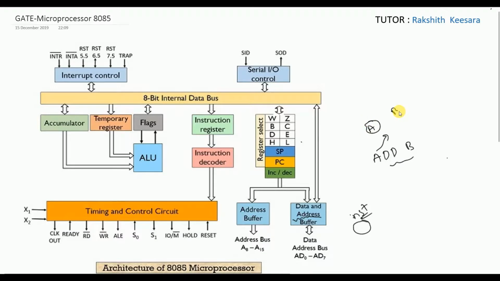So add B with the accumulator and store the data in the accumulator. Accumulator is nothing but a register. So this instruction indicates this. ADD B: B should be added with the data present in the accumulator, and the result is stored again in the accumulator.